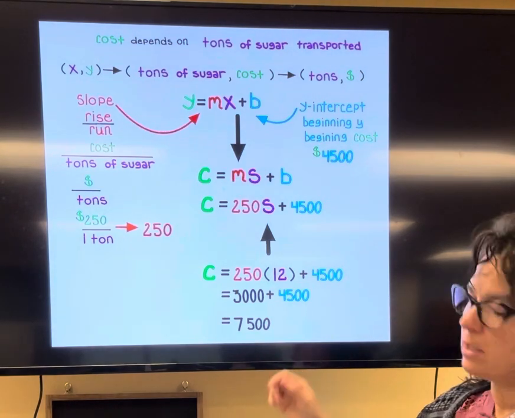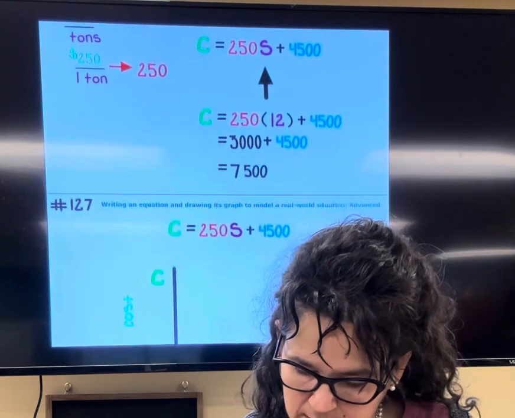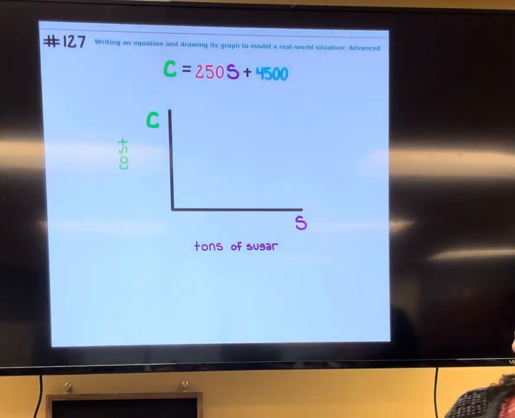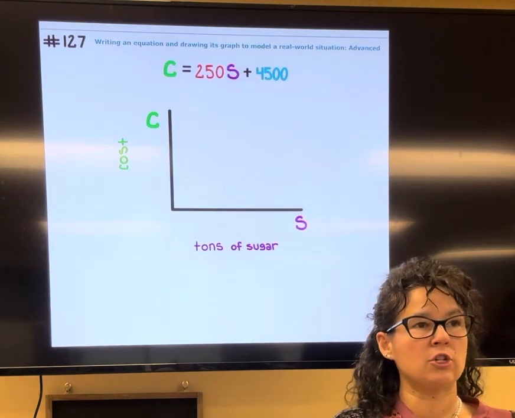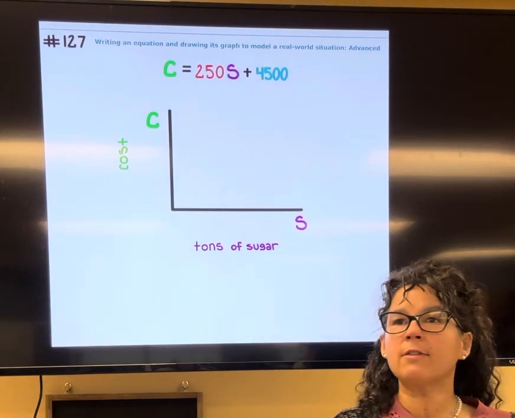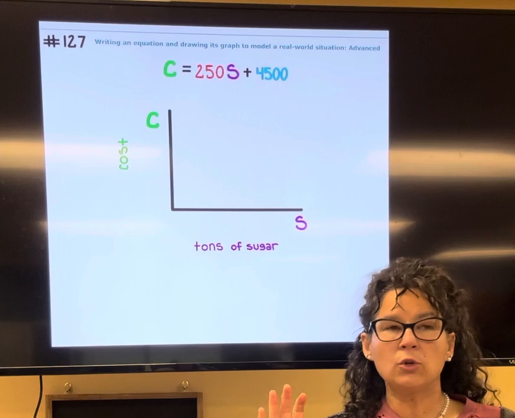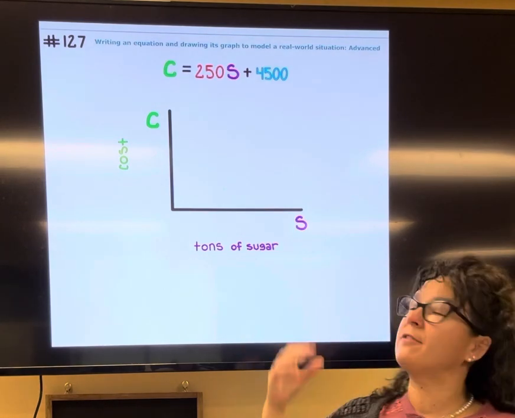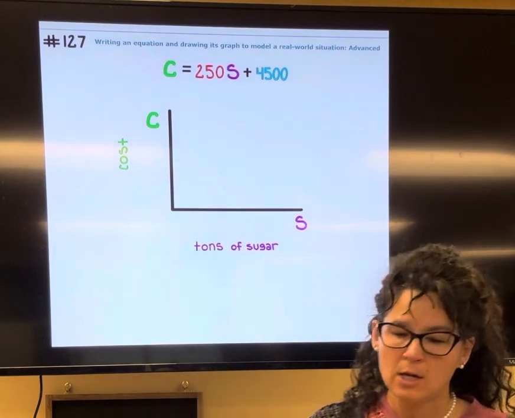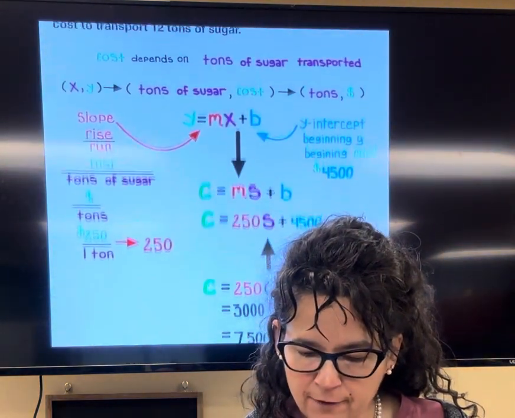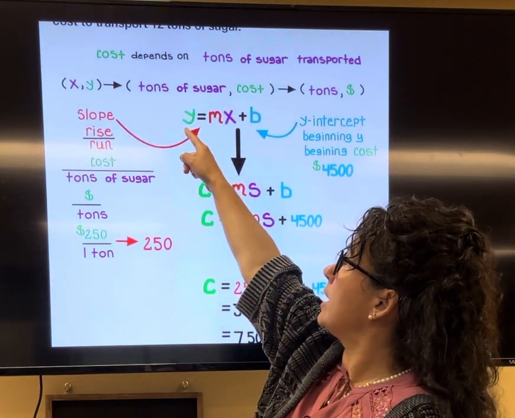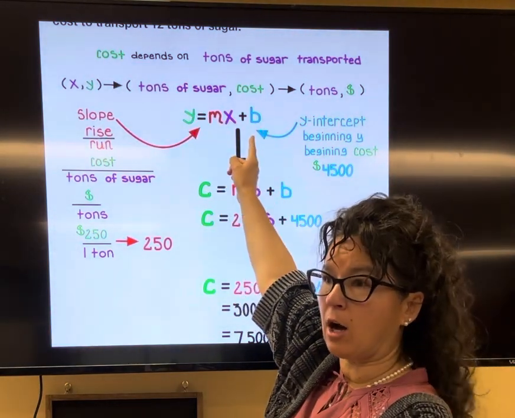Okay, and then it continues on in the next topic that you want to graph. So you've got to create the equation to start off with, although I think that it's easier to come up with the equation when the graph is already set up for you. Because if you remember, our very first step in this one was to decide that our points were tons, comma, cost.